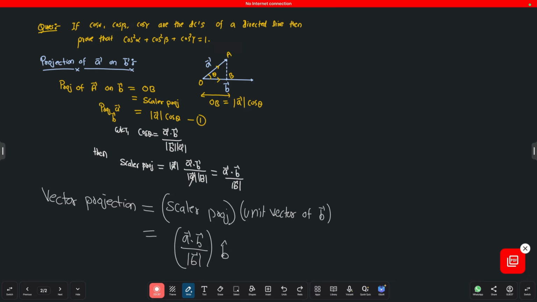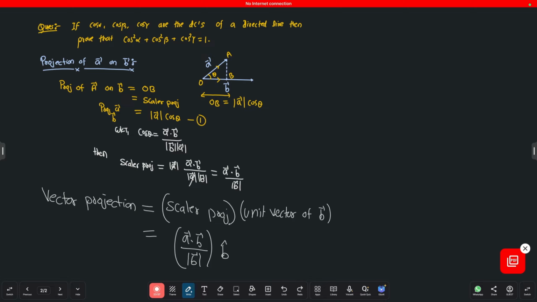This is the vector projection, because A dot B is a scalar quantity, mod B is a scalar quantity, and B cap is a vector. Scalar projection is A dot B upon mod B, and vector projection is A dot B upon mod B times B cap.